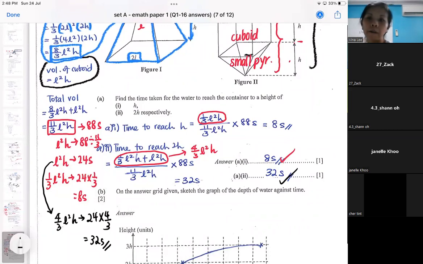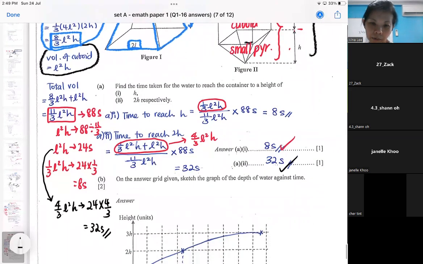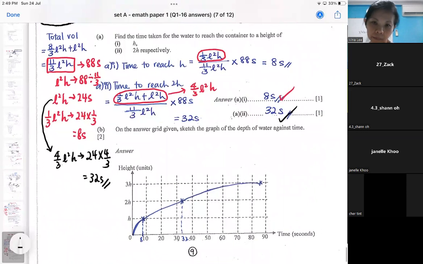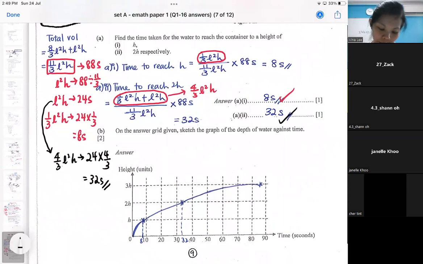So we are filling up the container in terms of their volume. That's why you should have explored the volume first if you're thinking how do you get started on this question. And subsequently, with all the volume and your answer, just now we realized that this will take 8 seconds. So you plotted a point.